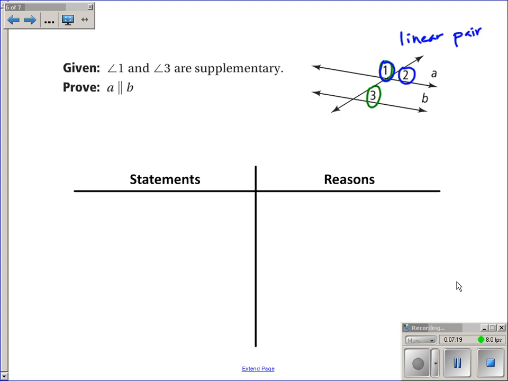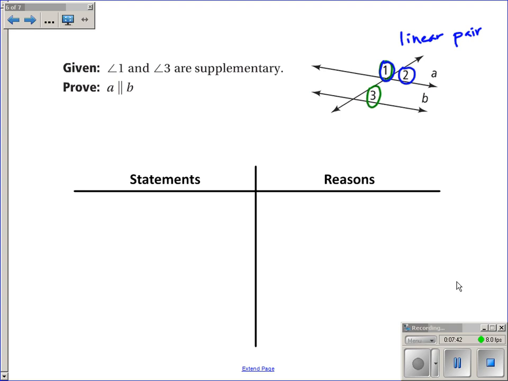So we have two options of how to go about proving this. One option is, if you remember way back in chapter 1, we talked about the congruent supplements theorem, where if two angles are supplementary to the same angle, then those two angles are congruent. That's exactly the situation we have here.